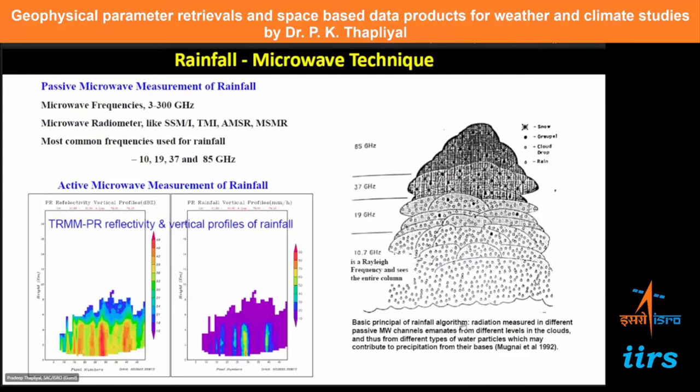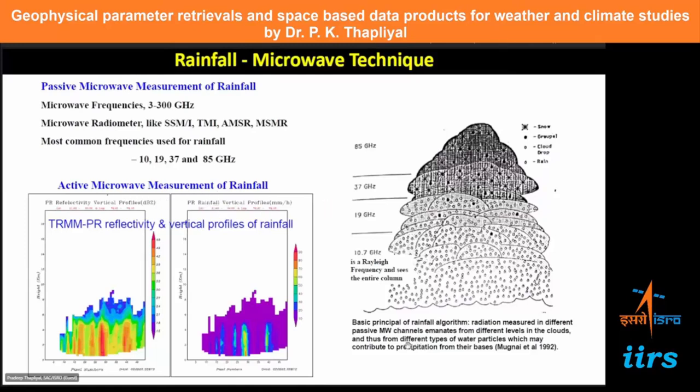Okay, and then finally you are computing the rainfall which is falling at the surface, primarily from the bottom of the cloud. So this is not an indirect method. So we can say that this is the direct measurement of rainfall based on microwave observations. So the accuracy is very, very good here. And then there are also active microwave instruments which can give you the profile of rainfall.